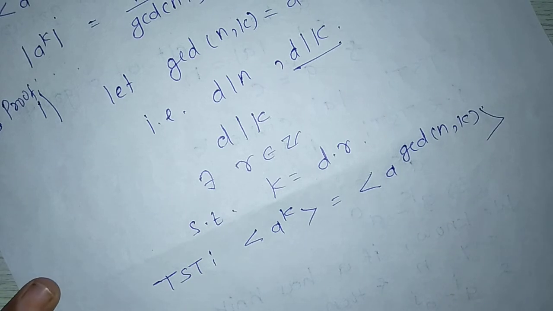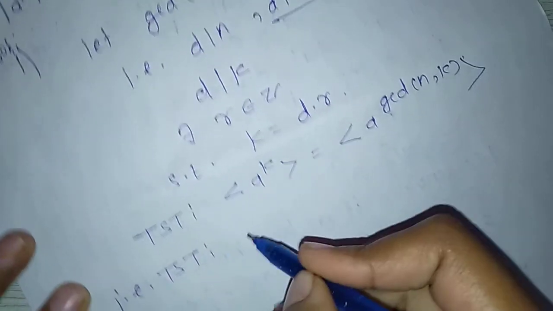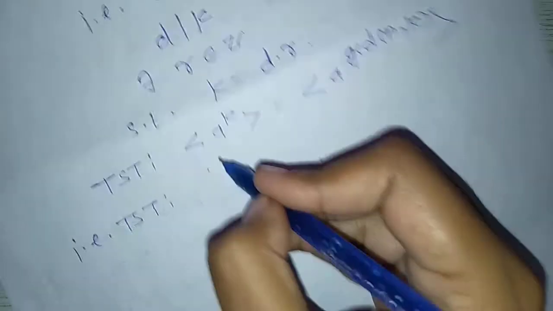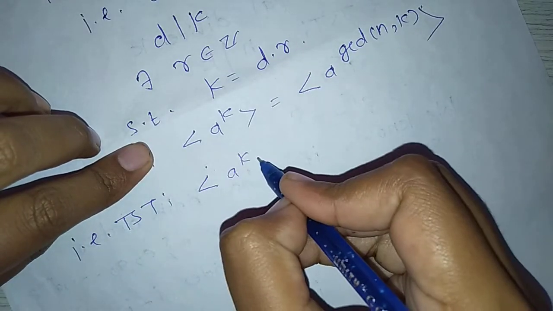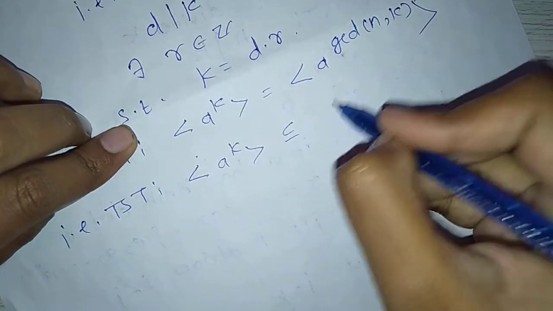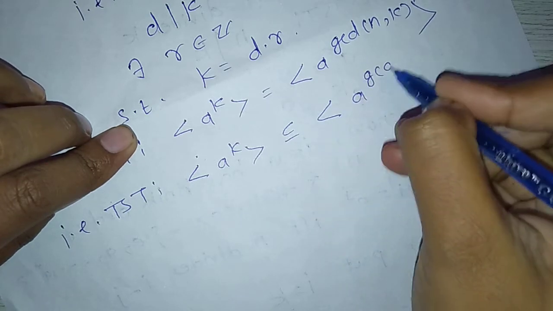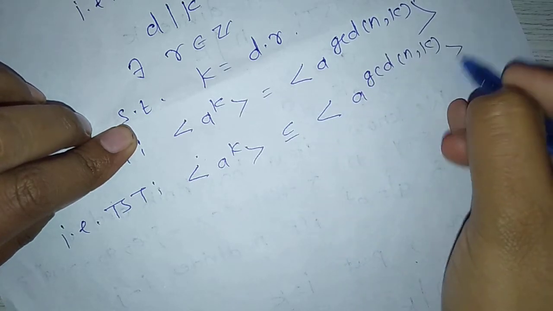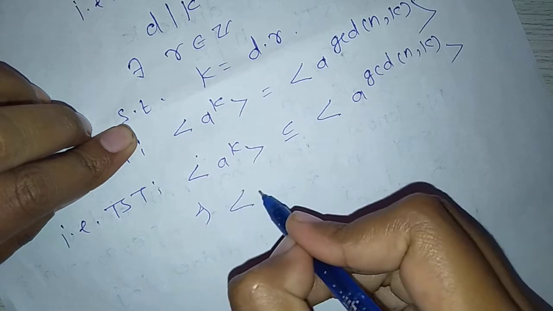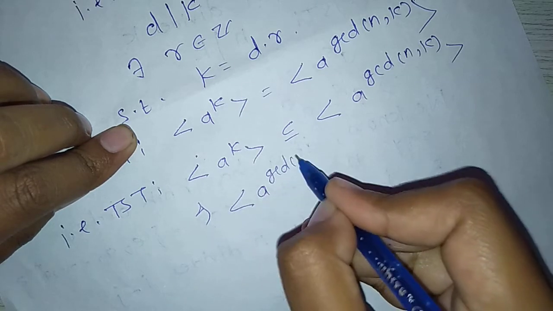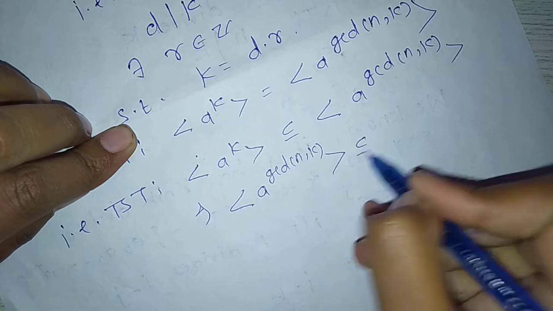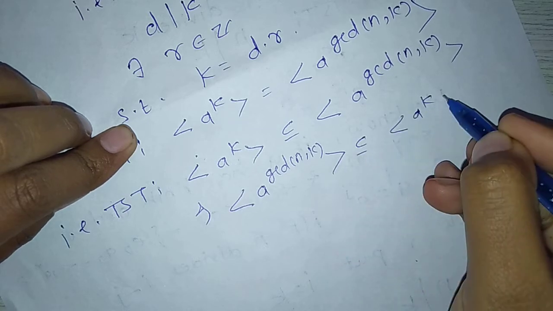that is to show that the set generated by a raised to k is a subset of the set generated by a raised to GCD of n, k, and the set generated by a raised to GCD of n, k is a subset of the set generated by a raised to k.